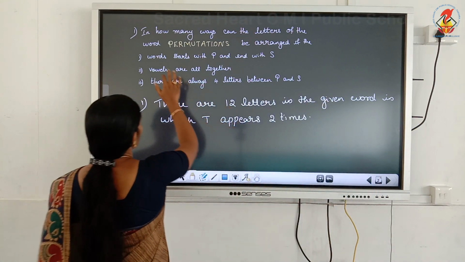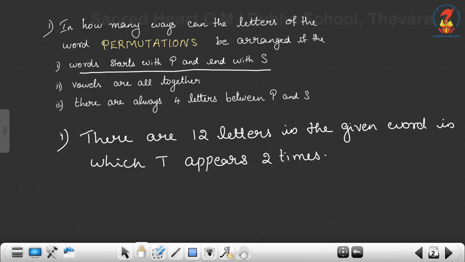So the first question is, word starts with P and ends with S. So the first and last place we can fill in by only one way. For the remaining places, you have to think only about the remaining places. That is, there are 10 places and 10 objects, but among them T appears 2 times.